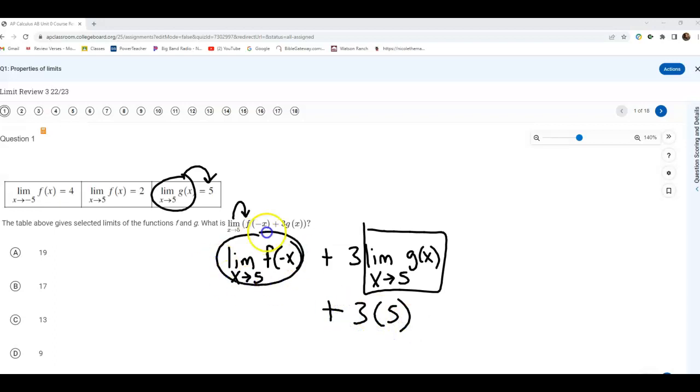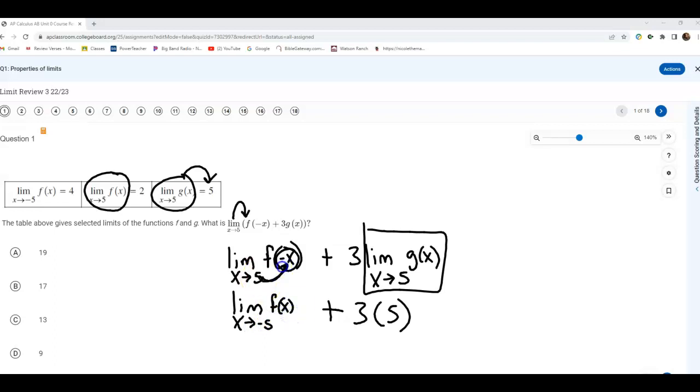This one here is a little tricky. I've never seen something like that, but as you'll notice, the x is negative. We don't have the limit of f of x as x approaches 5 with a negative on the side. We have it with a positive. But you guys can imagine if I were to plug 5 in there, it's just going to become negative 5, right? So this is the same thing as this.